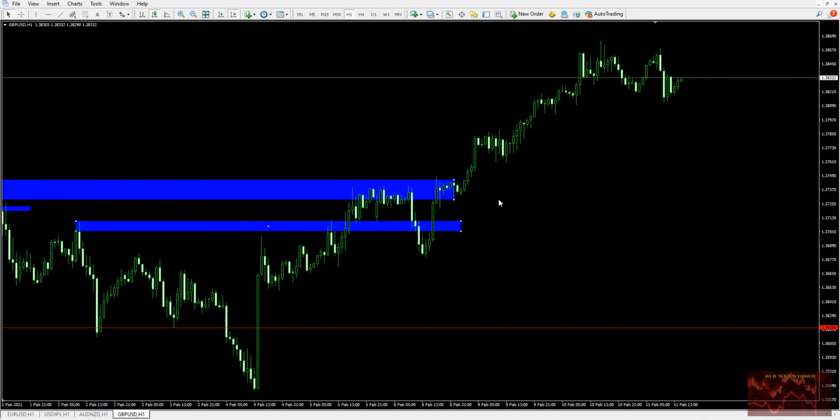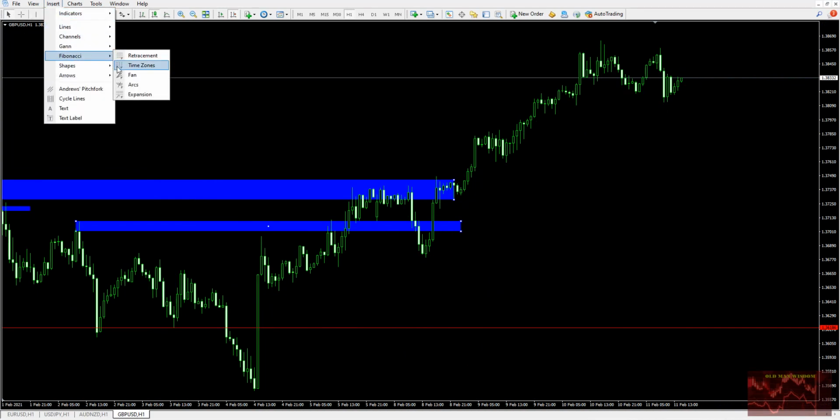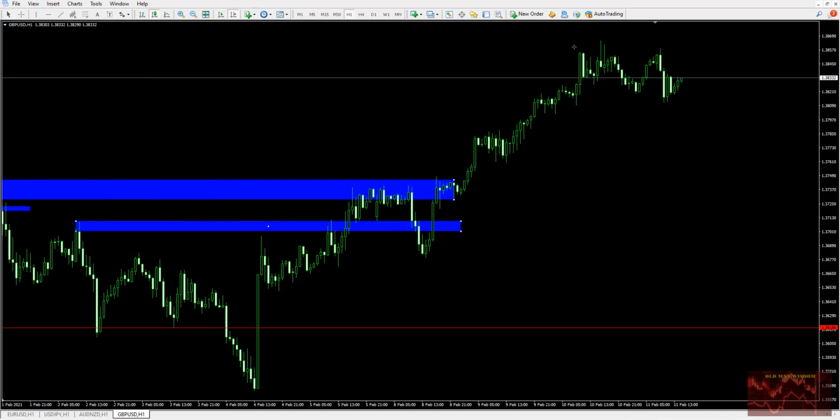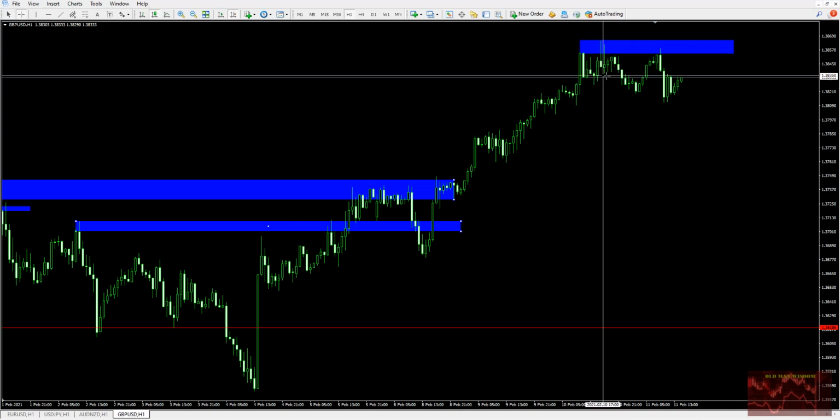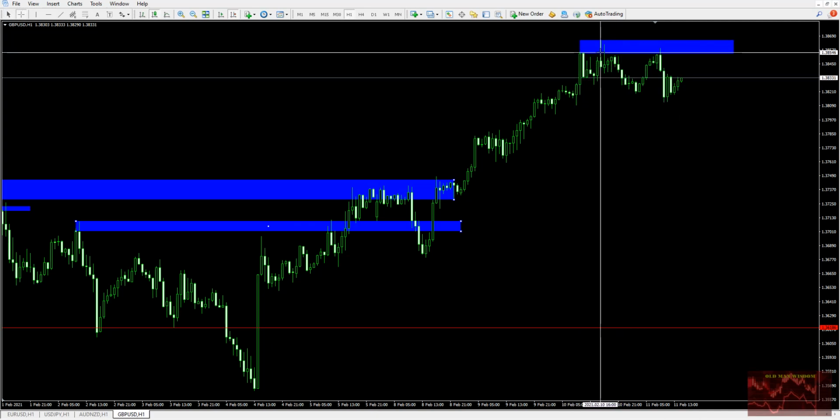But this literally brings us up to today. And if you notice here, look, we've got a new high. And because I'm only interested in selling using this strategy, I'm looking at this zone here. Now, price dipped.